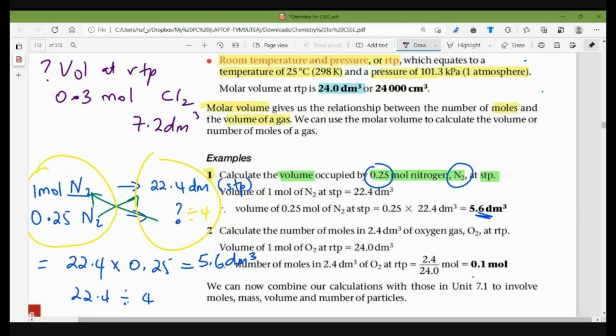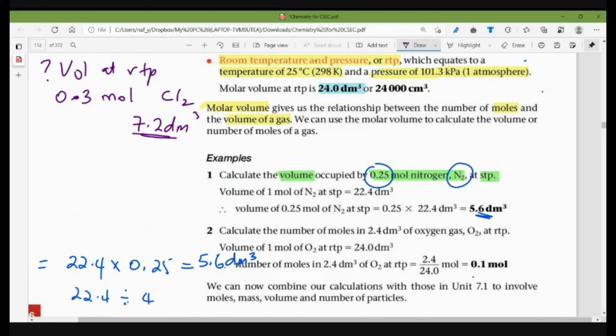That answer 7 point. So look what's happening now. Let's start with what we know. We know that 1 mole of any gas occupies 24 dm cube because now we are at RTP, not STP anymore.